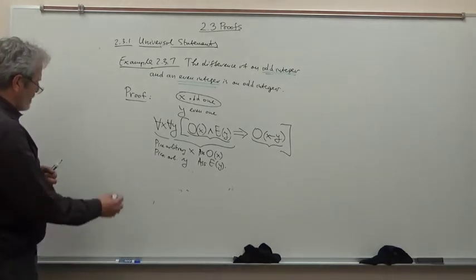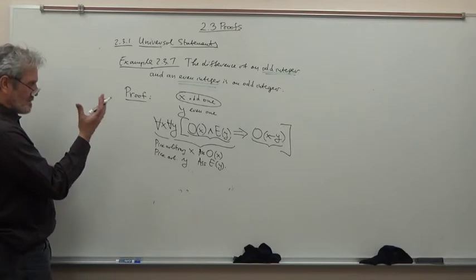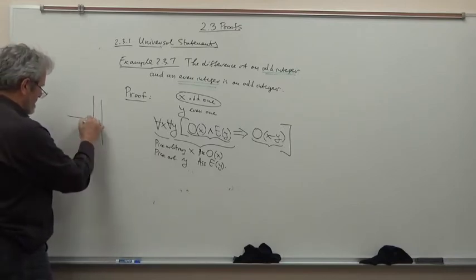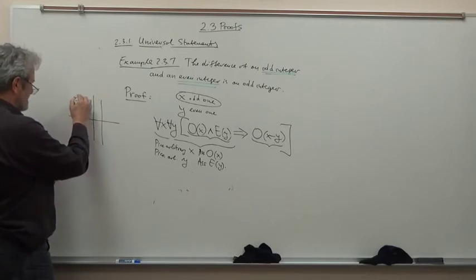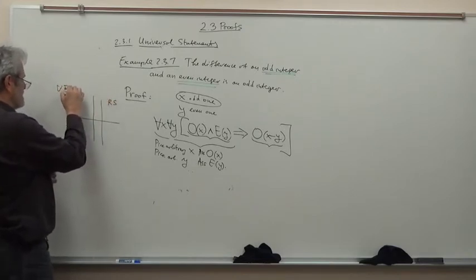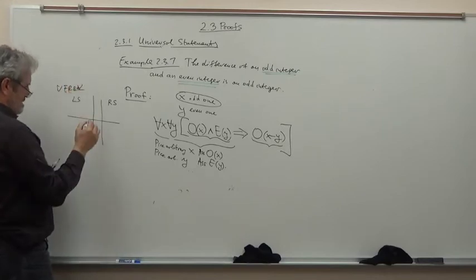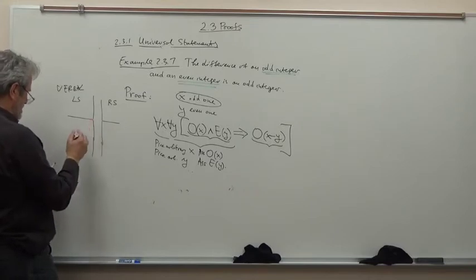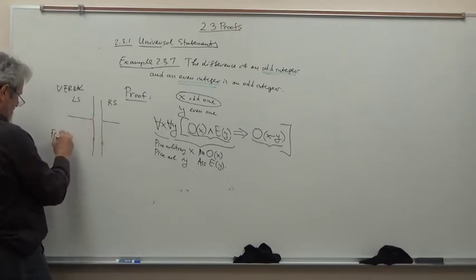And actually, I always like here in these settings to talk about crossing the river. So here are the statements. So here is the left side, here is the right side, this is the verbal end. And here is the formula end.